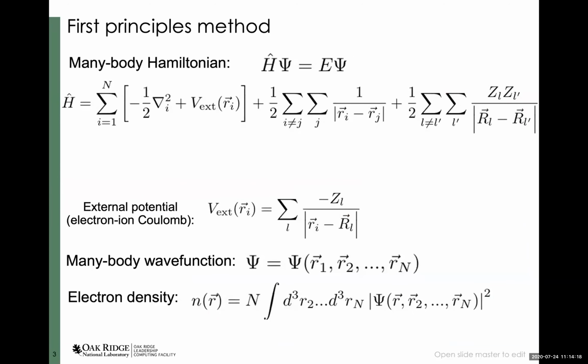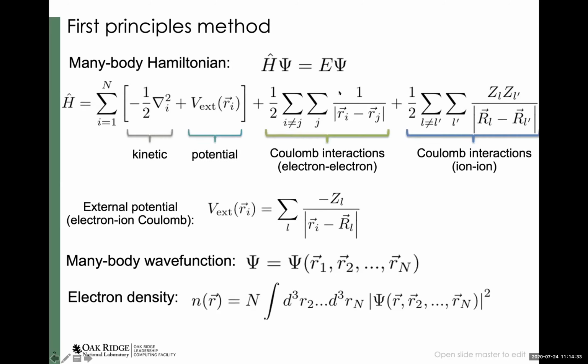And as Hannah showed you, the equation responsible for this is the Schrödinger equation, but it is not sufficient to solve it just for one electron. You actually have many electrons. You can see this as an eigenvalue equation.